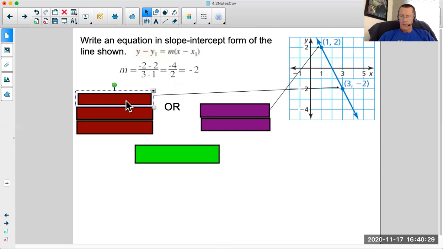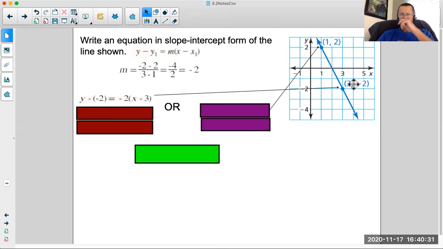So watch here, I'll plug in this, right? So 3 goes in for x sub 1. -2 goes in for y sub 1. My slope is -2, that goes in for m, okay? And then I'm gonna have to clean that up, right? Because I want the slope intercept form for this one. Gotta follow the instructions.